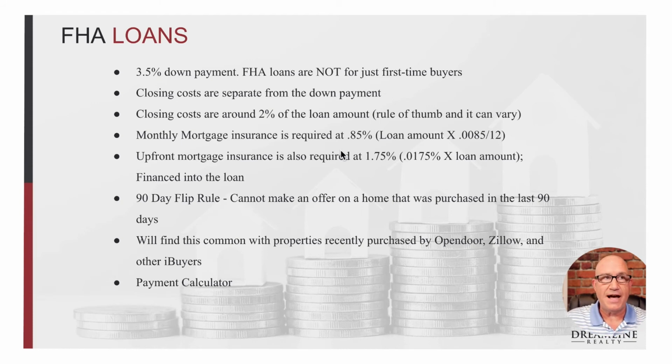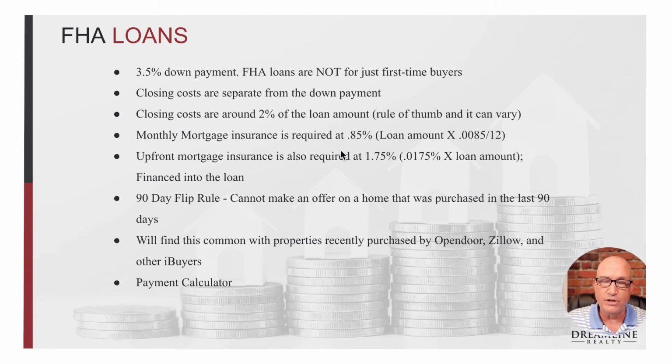So when you've got houses out there on the market right now with these iBuyers like Opendoor and Zillow, those companies will come in and pay cash to the seller, so they don't have to have showings, and that's their whole model there.